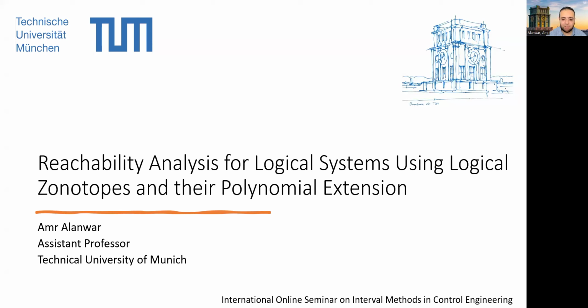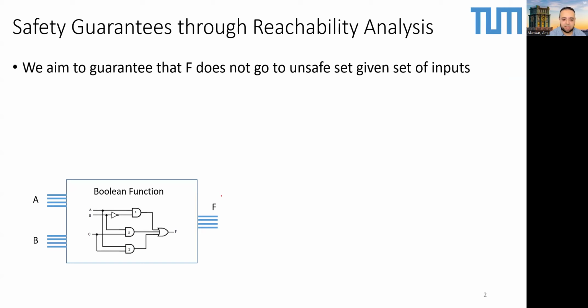So today I will talk about reachability analysis for logical systems using logical zonotope and their polynomial extensions. As a motivation, consider that we have a Boolean function or digital circuit and we have uncertainty on the input, which means this line can be 0 or 1.